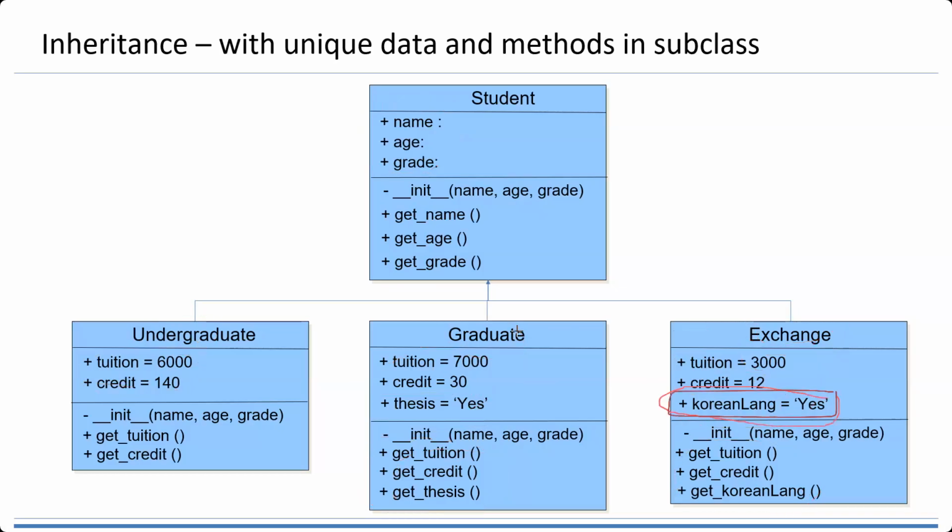For the graduate student, they need to have a thesis. But for the undergraduate student, we have only the data about tuition and credit. So we can apply the inheritance. Every one of those subclasses will refer to the superclass, but every class will have its own method and its own data.